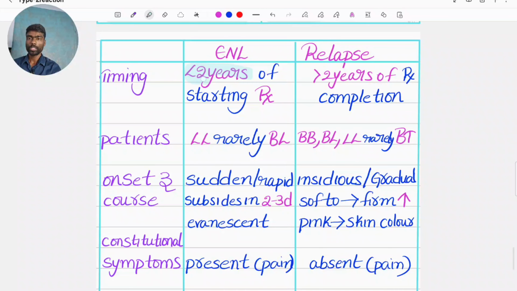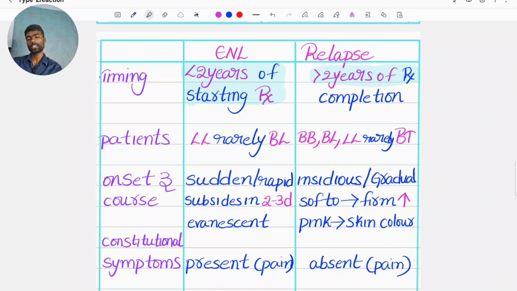Timing: less than 2 years of starting treatment, ENL can occur, means the antigens of the lepra bacilli are ready to produce reaction, nothing but ENL. Here in relapse, I already clearly explained you, lepra bacilli will be in dormancy for some time and then they will become metabolically active and then replicate again, leprosy.